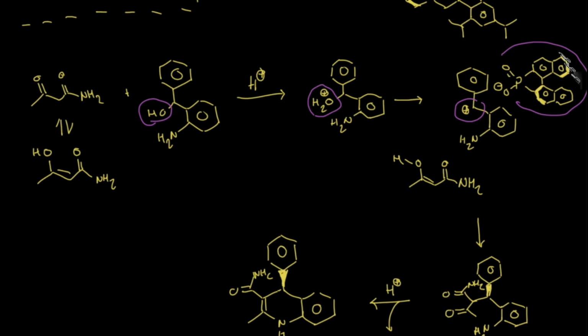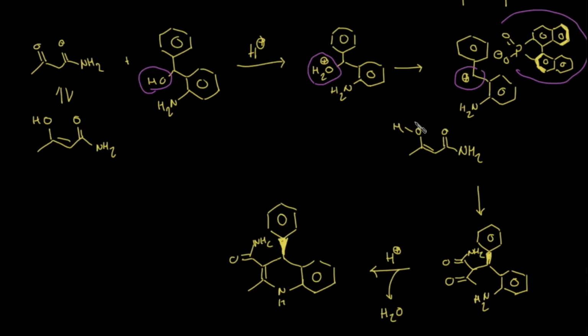And I hope you can accept that the chirality of this intermediate is going to be really important when the enol tautomer of the beta-keto amide, I've shown the equilibrium here, reacts, because suddenly nucleophilic attack from one side or the other is going to be favored.